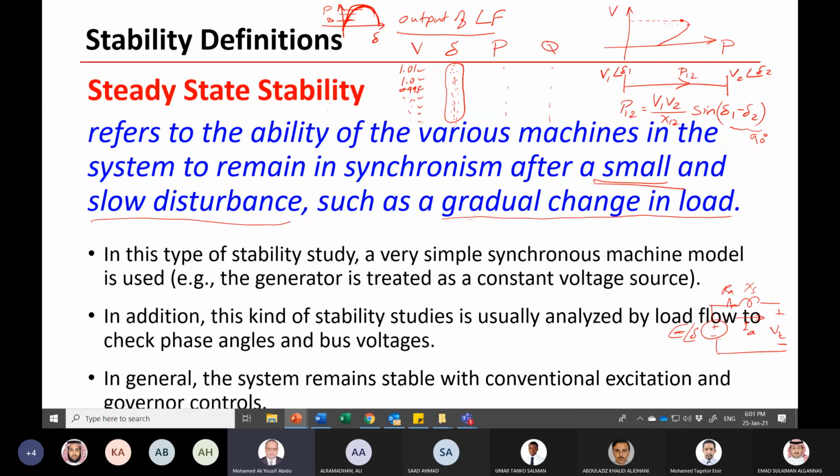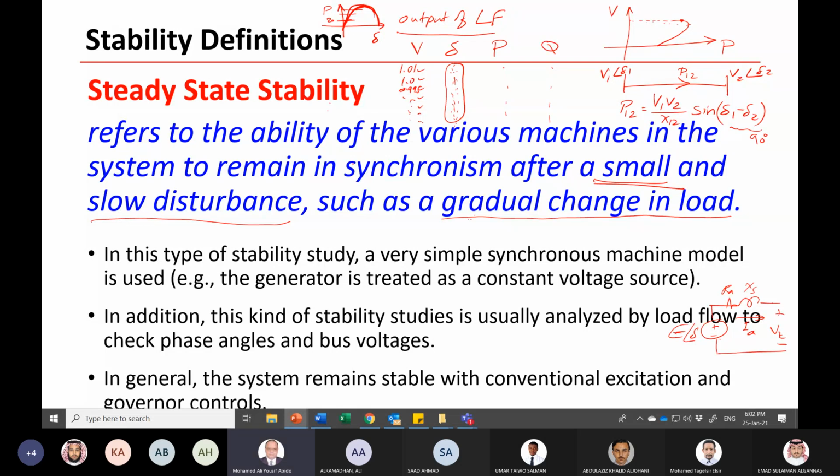If you keep it running out of synchronism, your generator will be damaged. So this is the point. You cannot keep the generator running out of synchronism and say, no, this is a small generator, so it will not affect the system. Yes, it will not affect the system, but it will be damaged.